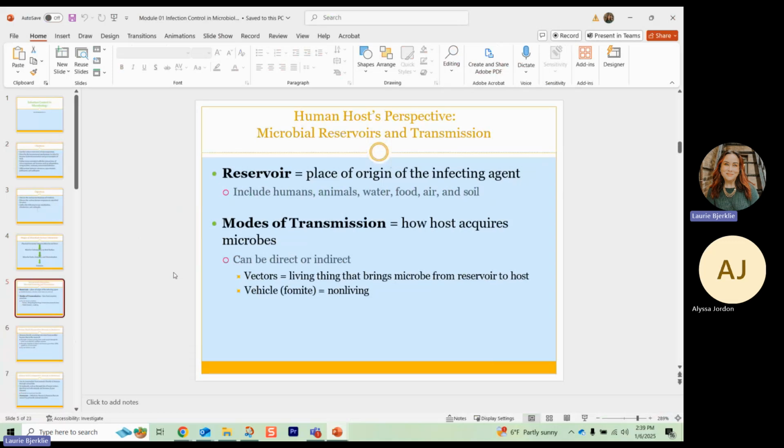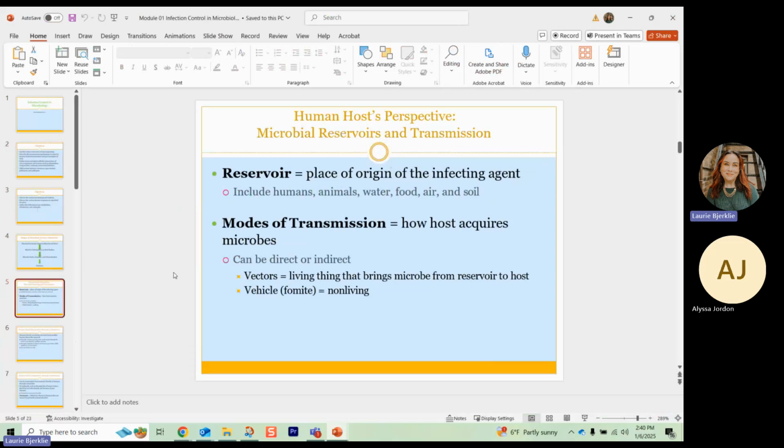Mode of transmission: how did you get it? How did you pick up that dang bacteria? That can be through a vector, like an animal, a living thing, a mosquito, a fly, a gnat, lice, ticks. Those are all common vectors that will pass you those goodies. Or it could be through what we call a fomite, which is a non-living thing.